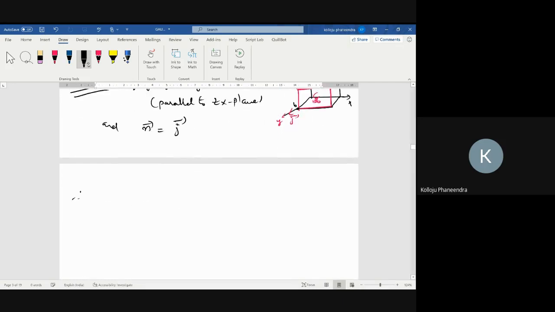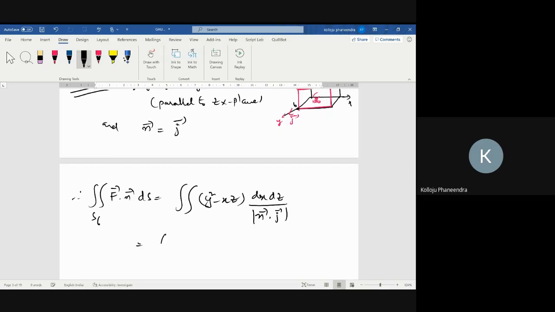Therefore the double integral over S6 of f bar dot n bar dS equal to the double integral, what will you get now? Positive, no? So y square minus this one, dx dz by n bar dot j bar. And what is the y value here?